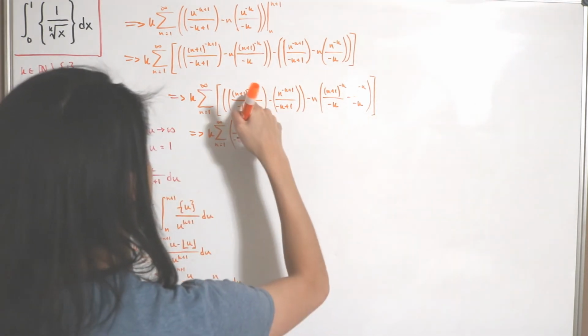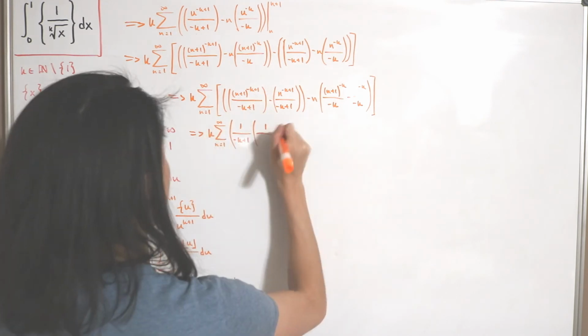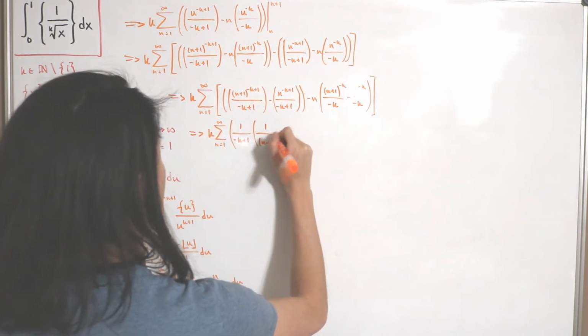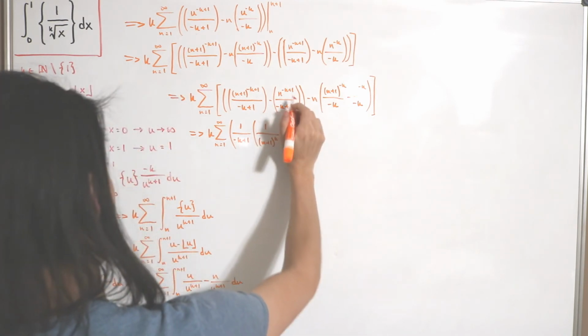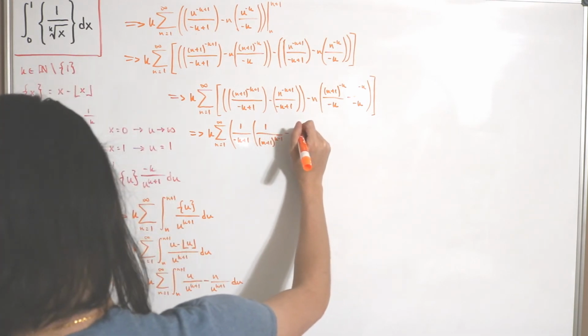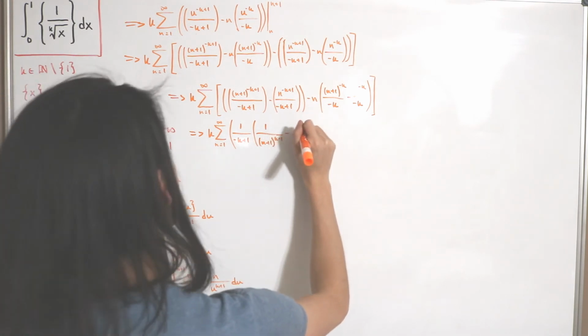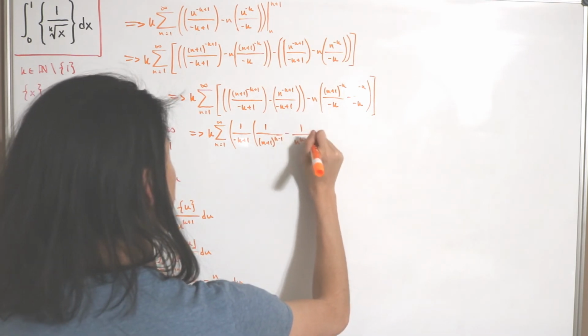And so I can rewrite the exponents from here. n plus 1 to the negative k plus 1 is the same thing as 1 divided by n plus 1 to the power k minus 1. Okay, and then over here, do the same thing. So let's say just subtract that, and then this will be 1 divided by n to the k minus 1.